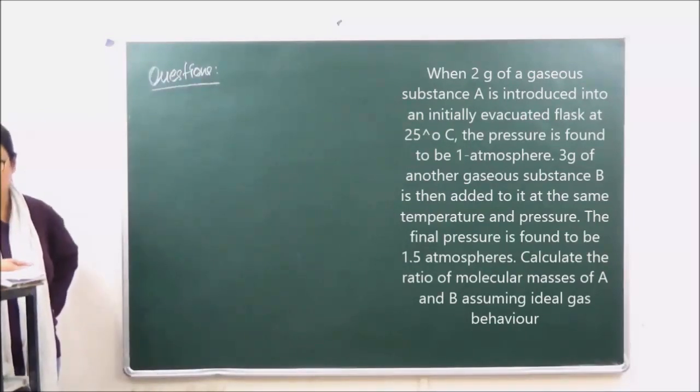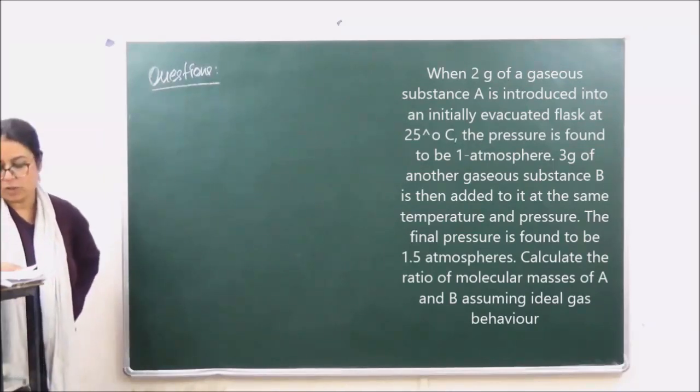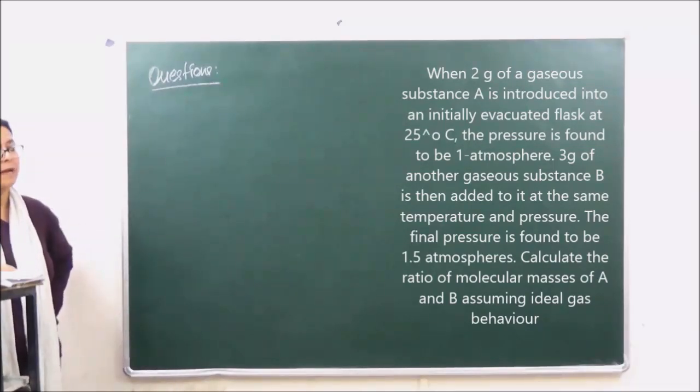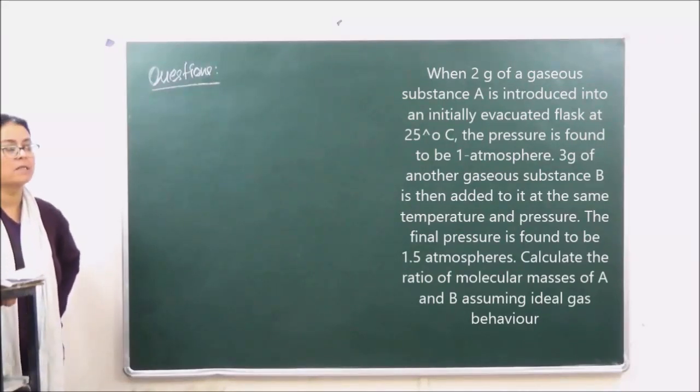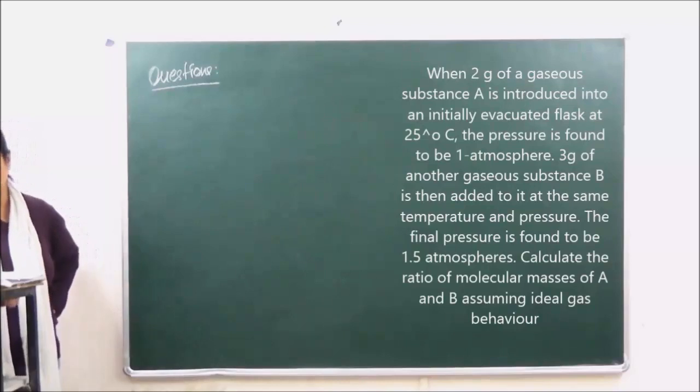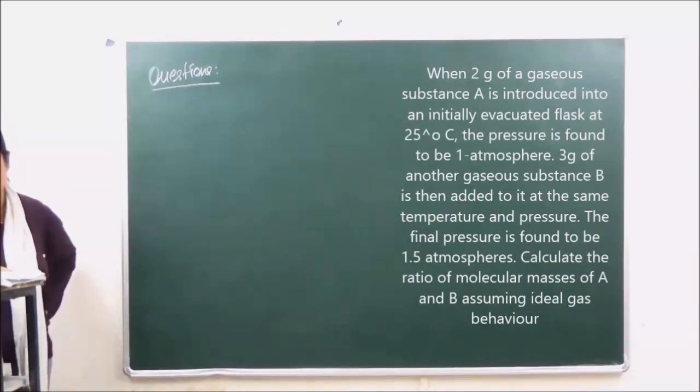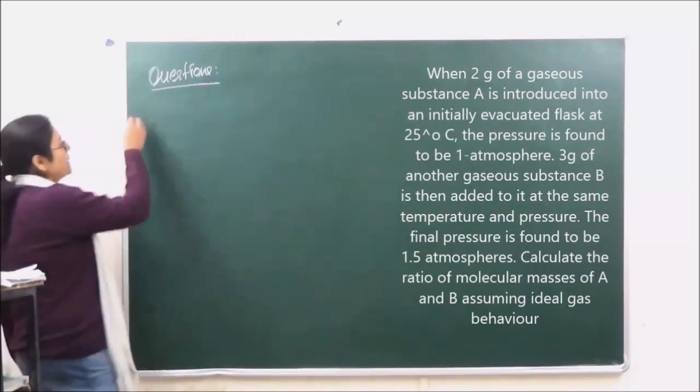The pressure is found to be 1 atmosphere. 3 grams of another gaseous substance B is then added to it at the same temperature and pressure. The final pressure is found to be 1.5 atmosphere. Calculate the ratio of molecular masses of A and B, assuming ideal gas behavior. So this is an easy question.